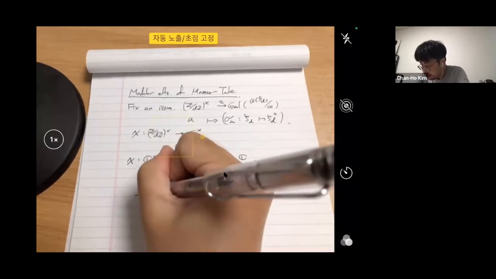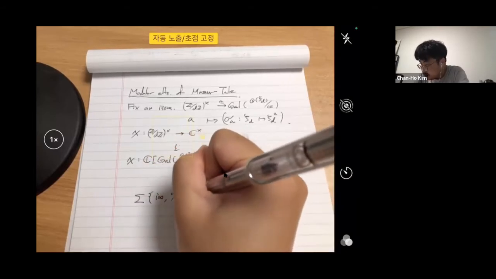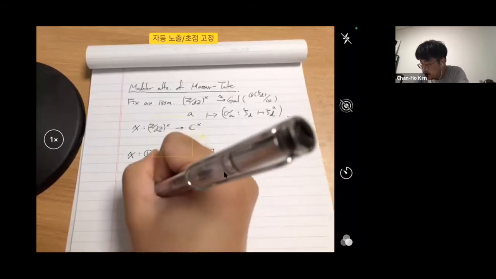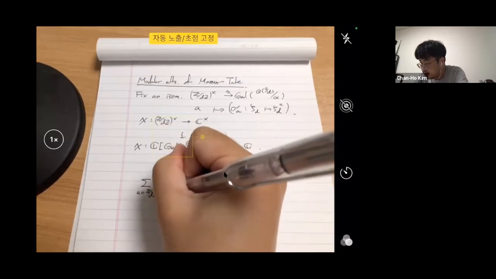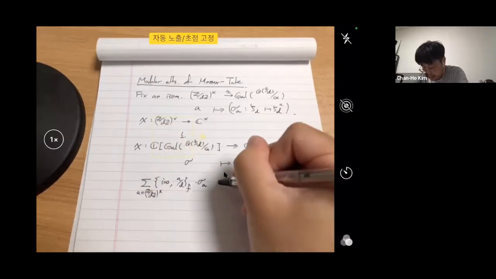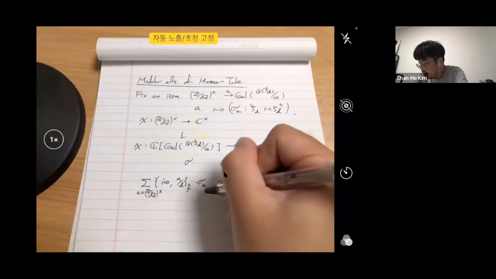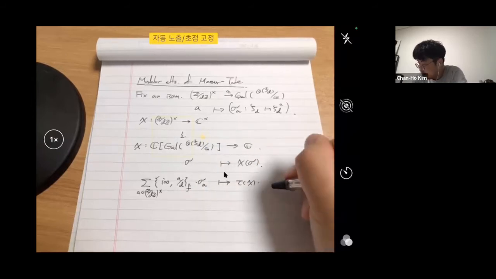So let me consider the following element, where a runs over, of course, all these elements of (Z/dZ)^×. And if you evaluate this at chi, then this is nothing but this L value.